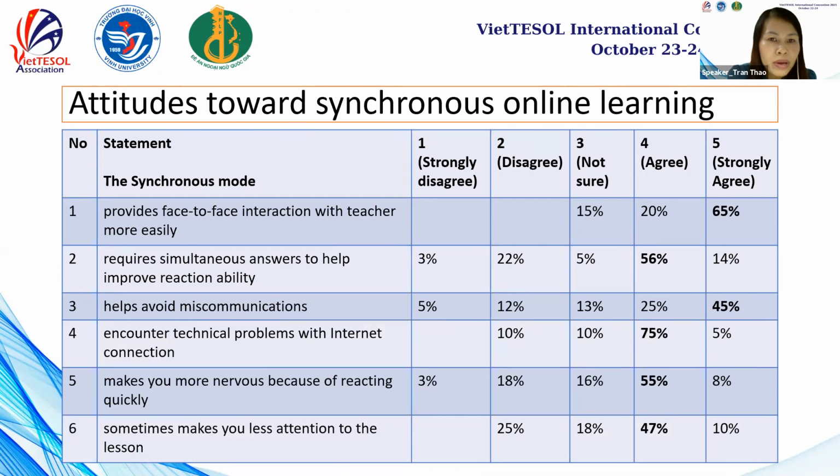The first point I would like to share with you is that 65% and 25% of the participants agree that synchronous modes provide face-to-face interaction with the teacher more easily. So they see the benefits of synchronous online learning.